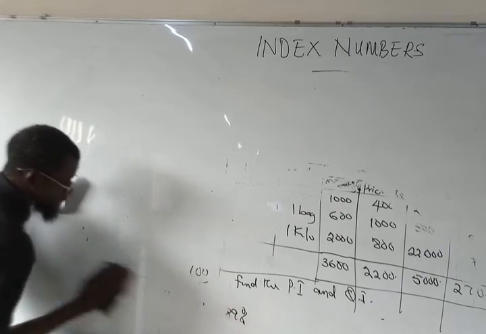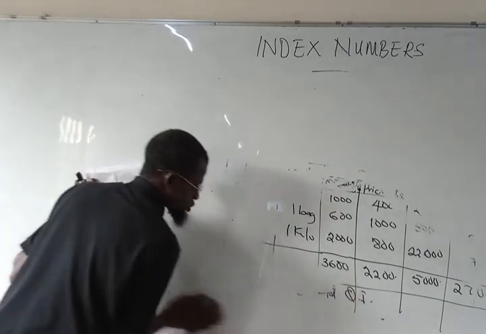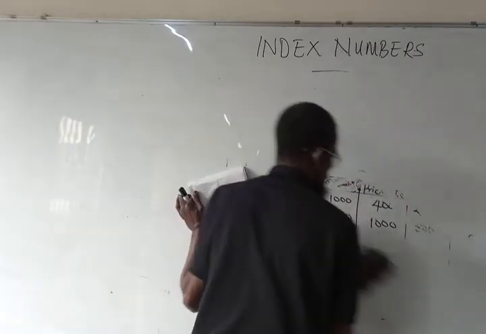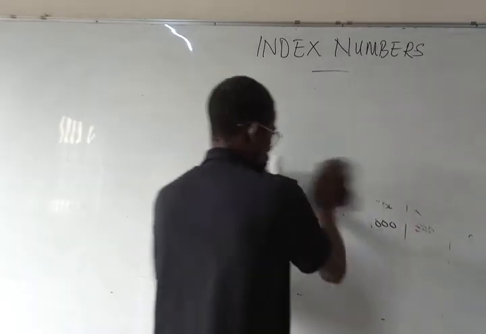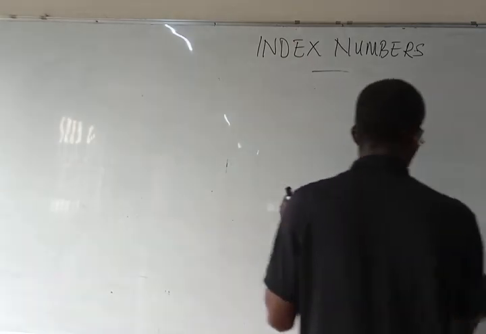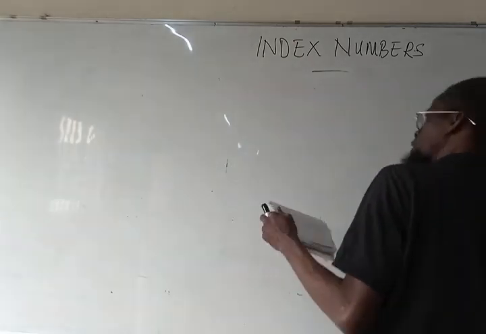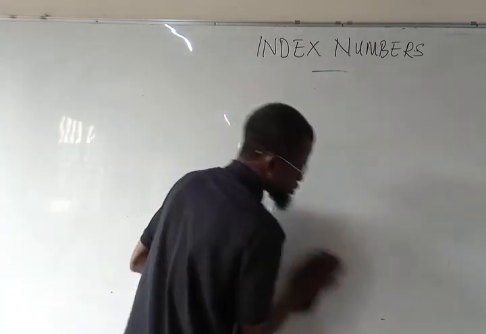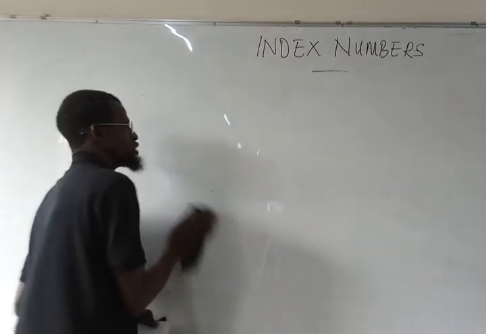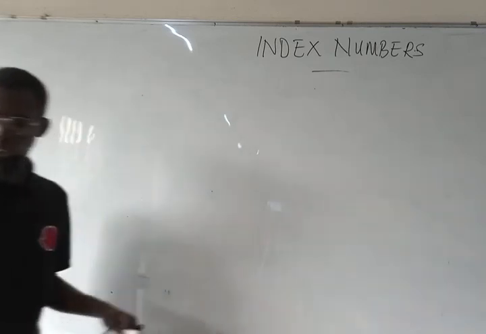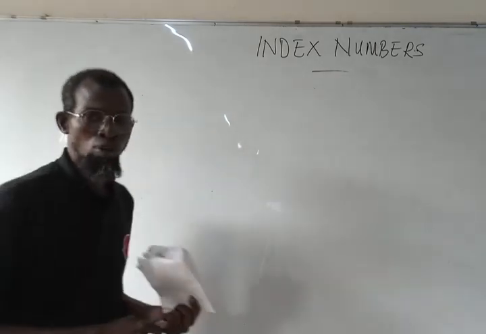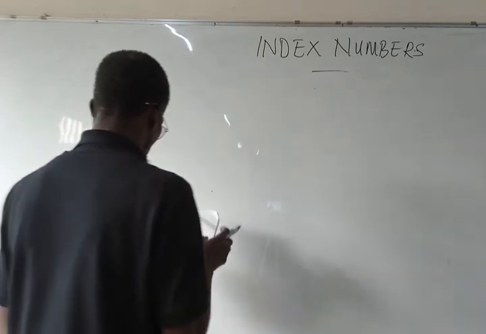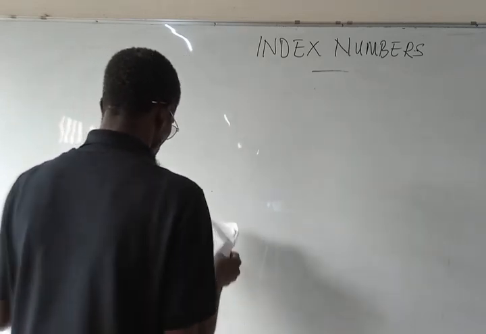Once we have seen the first method, we want to see the second method. We have different methods. Like I've said, I may ask you to use a particular method, and if you don't use that method, you get no score for it. Remember our topic there, we said it's what? Method.